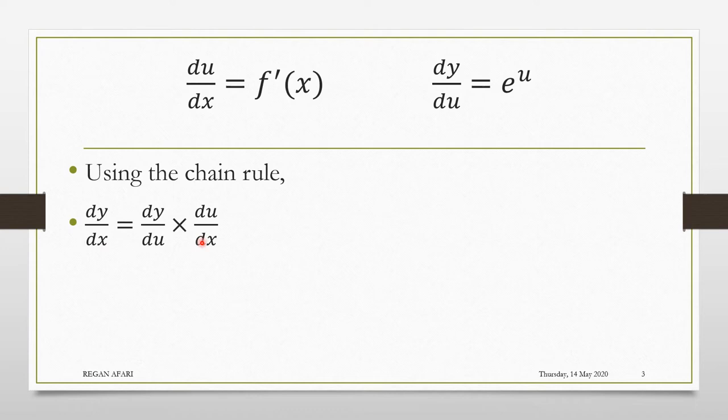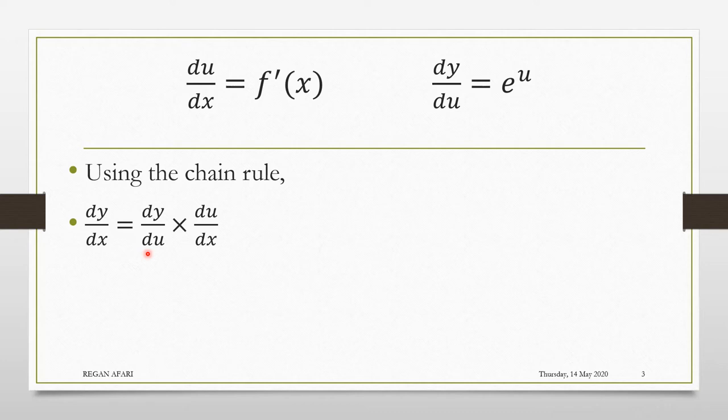Keep this in mind: the first will start and the last will also end it. What will be in between depends on the variable you are using. So assume I used k to be equal to f of x. This would have been dy/dk, and this would have been dk/dx. So the middle part depends on the variable that you use.